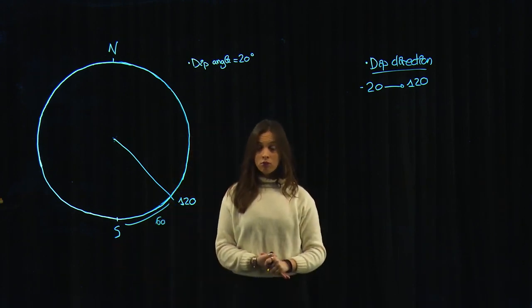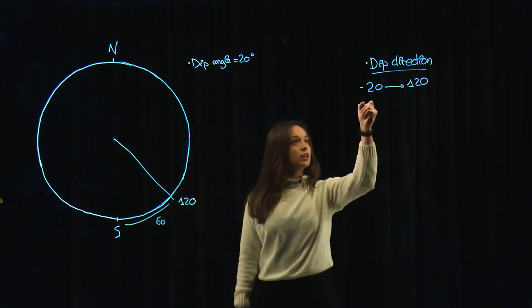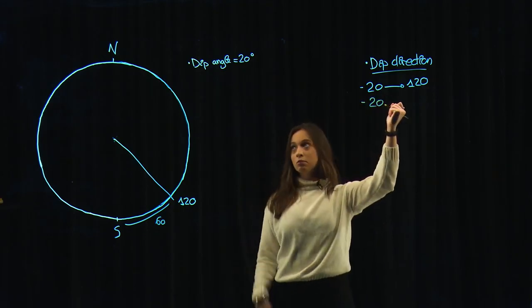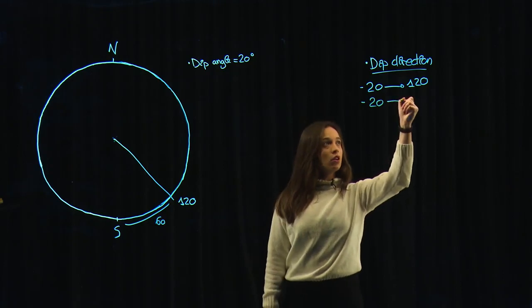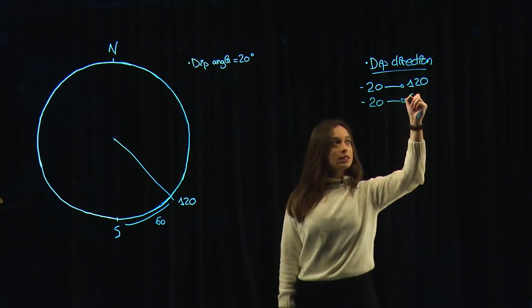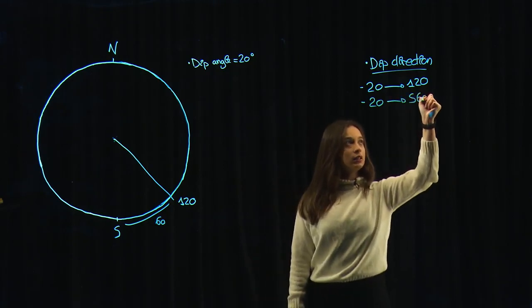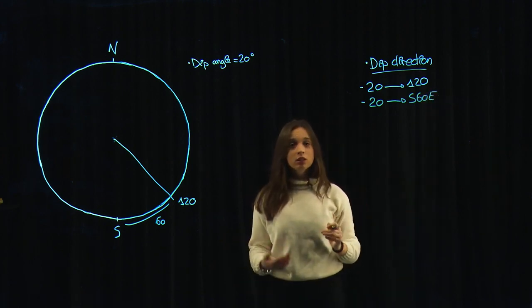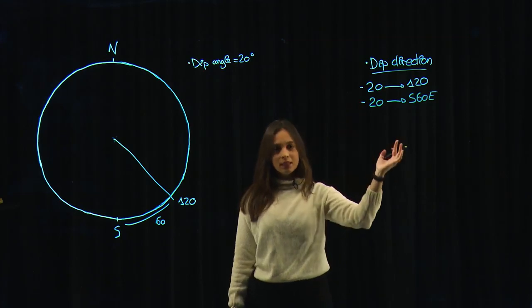So if we write this down in a different way, it would be 20 degrees, because that's the dip angle, towards south, 60 east. For the dip direction, both measurements mean the same.